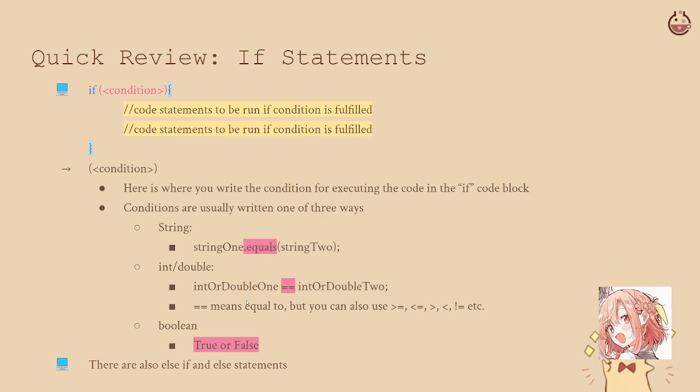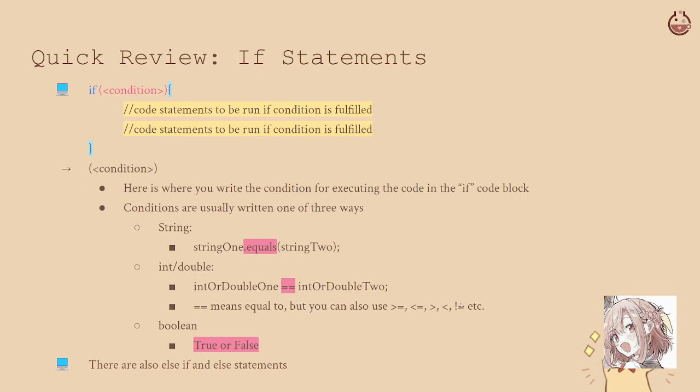For ints or doubles, you can just use two equal signs, and that's basically equivalence. So you can just check if they're equal like that. And you can also replace equal with other things, such as greater than or equal, less than or equal, greater than, less than.